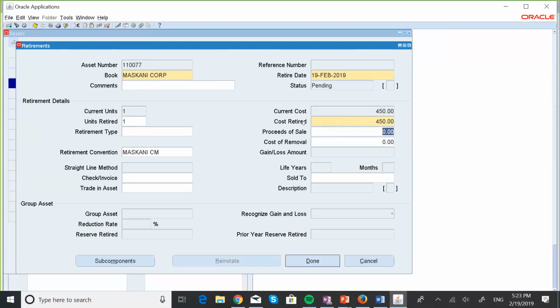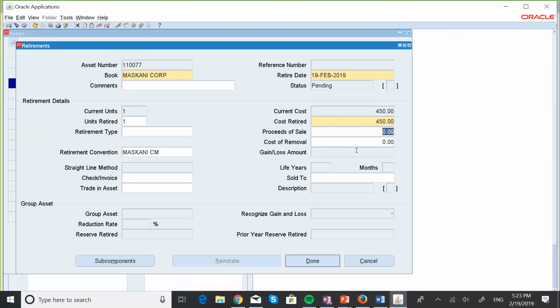Okay? Or you can enter the cost, and Oracle will divide the retired cost among the units that you have, if you have multiple units.